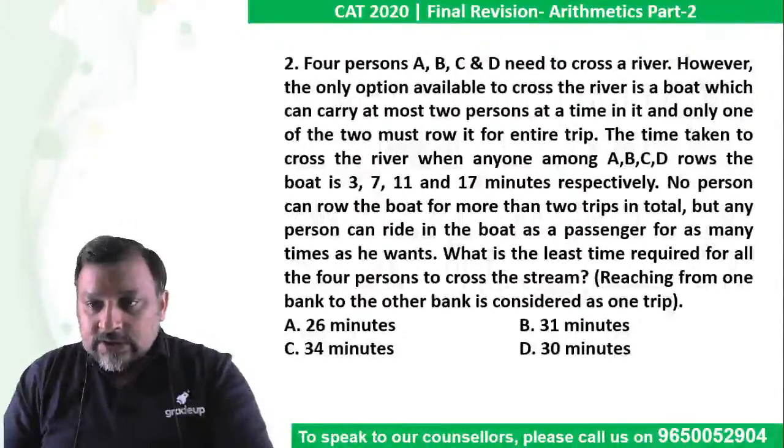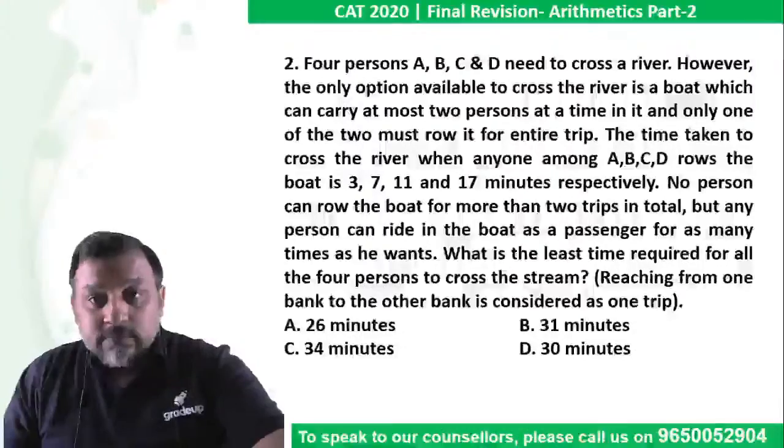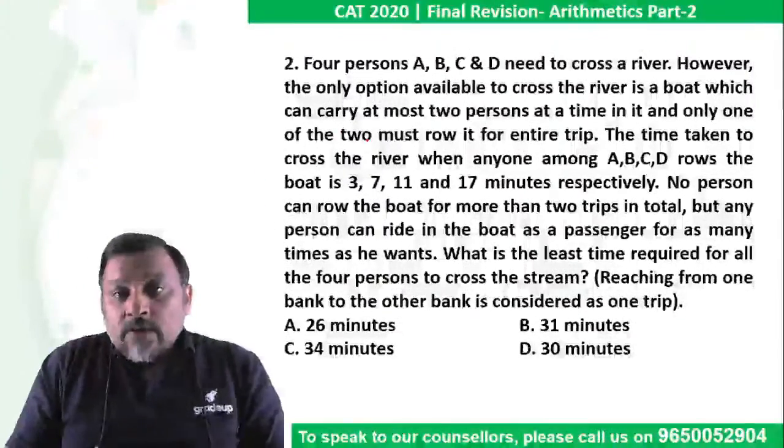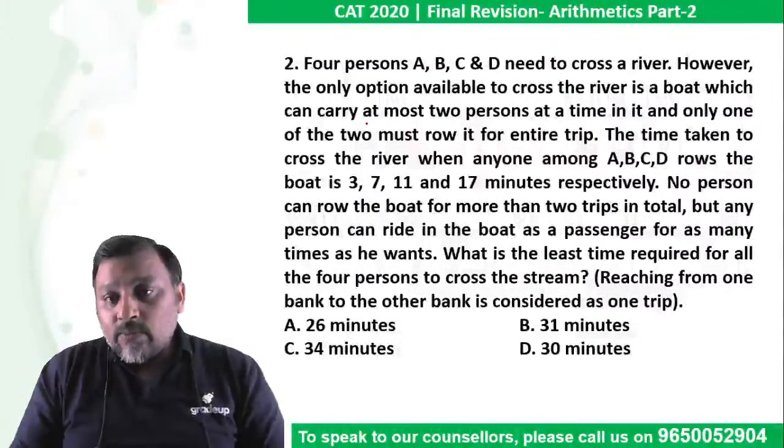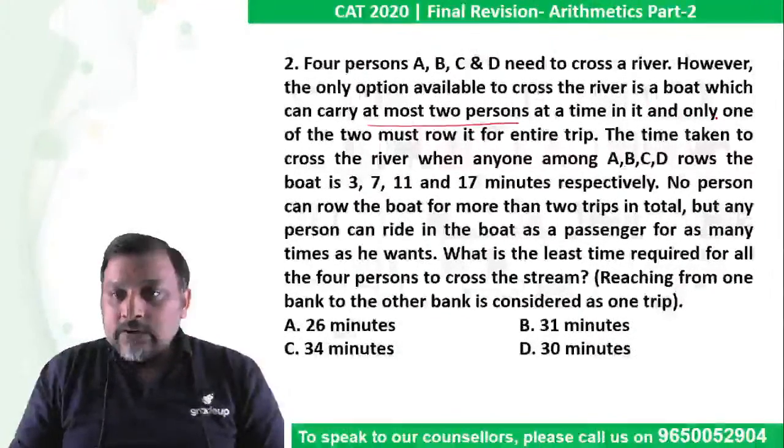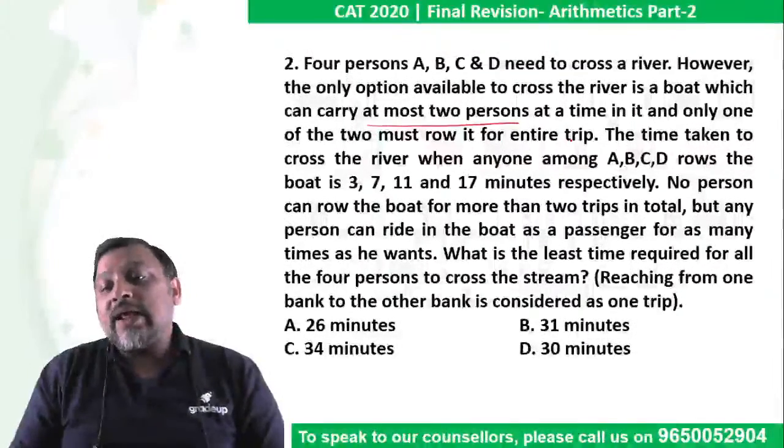Okay, so let's discuss this. See, it is given the constraints are that at most 2 can travel at a time, and one person has to row for the entire trip.